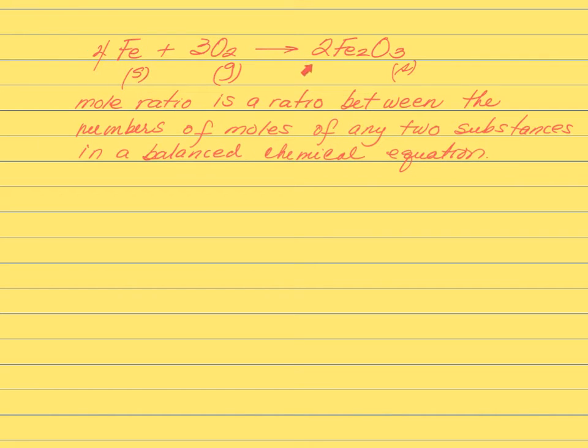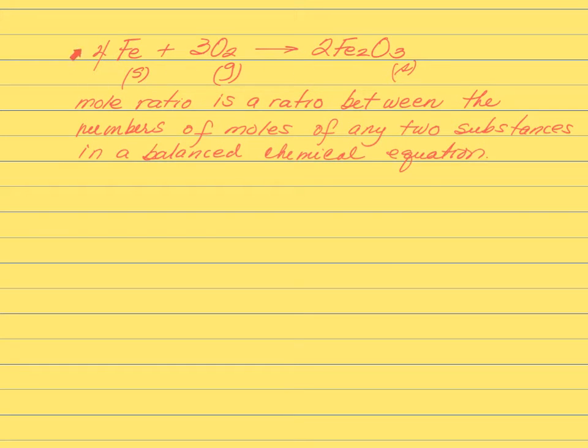Am I going to be able to produce 2 of iron trioxide? No. With that amount of iron, I'm going to be able to produce only 1 of this. I don't know if you see the connection. If I'm decreasing this by half, what's going to happen to the amount of the products? They're going to decrease by half too.